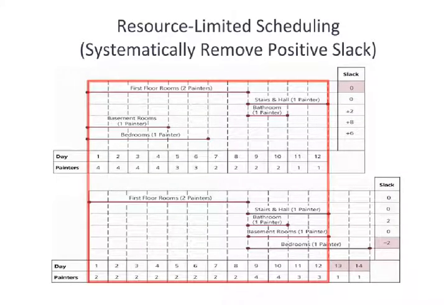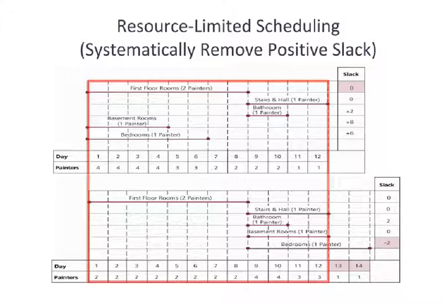Okay, we're going to do this in multiple steps. These diagrams are in your book. They might be just a little bit more clear in your book, but what we're going to do is start systematically removing positive slack. Positive slack means that we are finishing items earlier than we need to, and so we're going to start systematically removing positive slack to limit resource utilization.